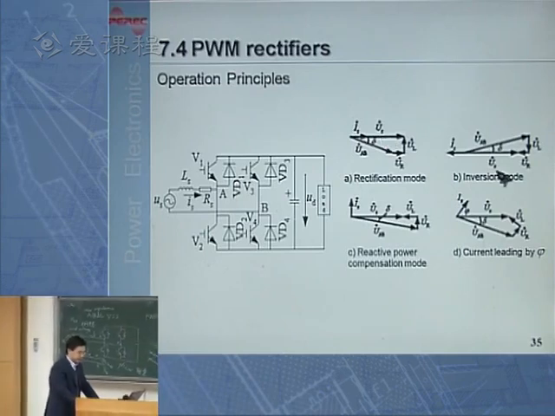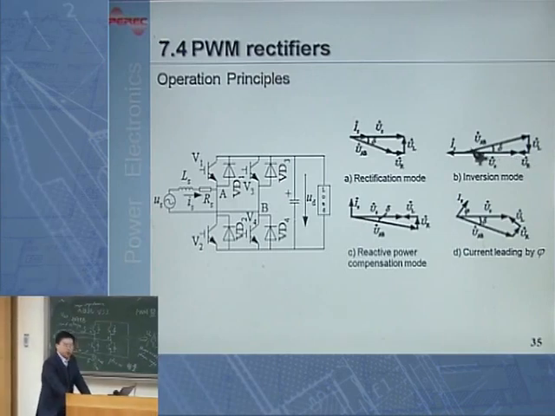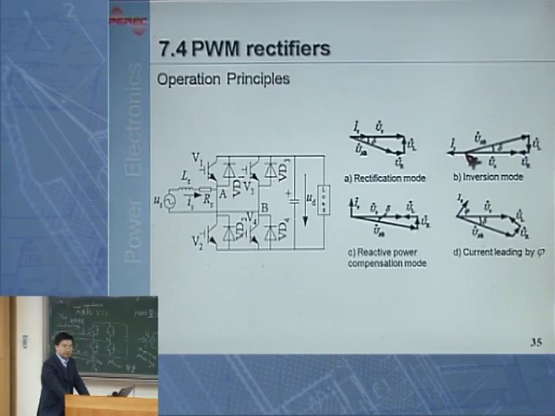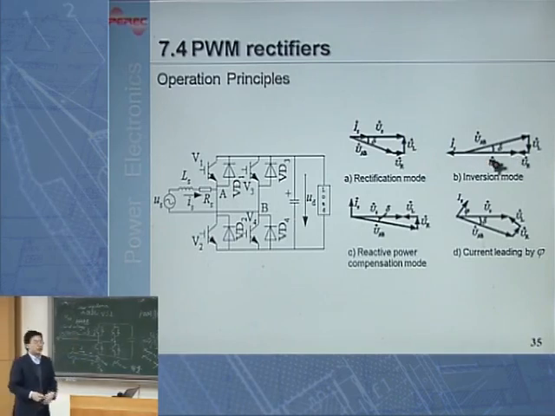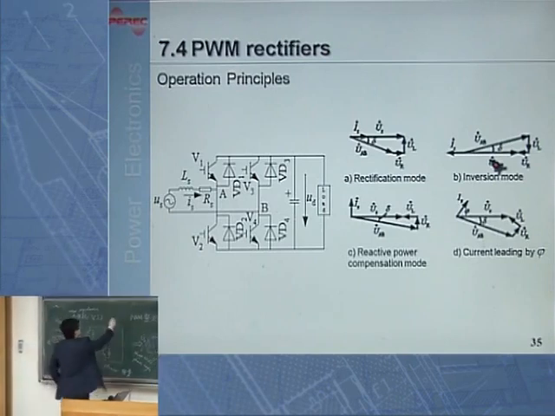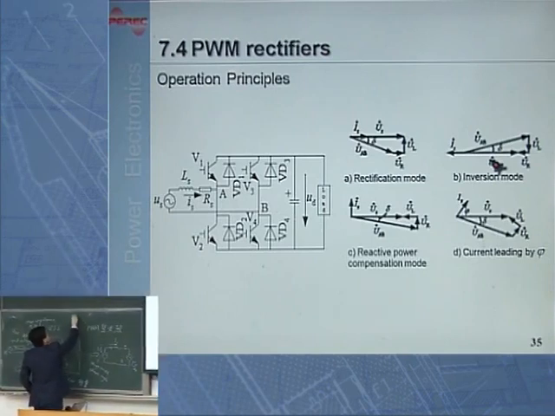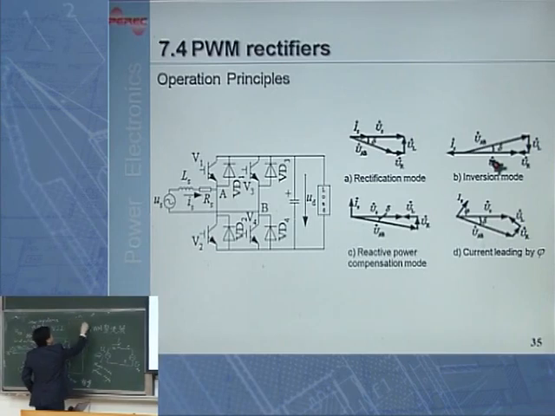In case B, we can control the magnitude and phase angle of IS so that the phase angle of IS is exactly reversed. The phase of the IS is exactly reverse to the US. So if, let's say, US is something like this, then IS is the exactly reverse phase angle.